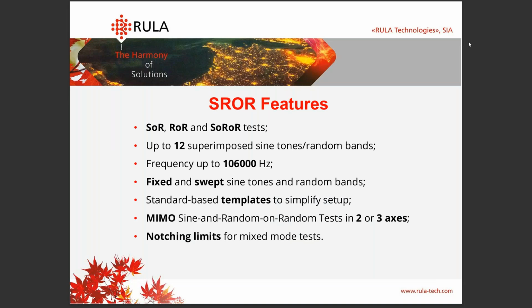In this test, the frequency range of the superimposed random bands may be constant or may vary. Sine and random on random is a combination of two previous options, and sine on sine is a sum of sine signals with the fixed or swept frequencies which are delivered to the shaker.